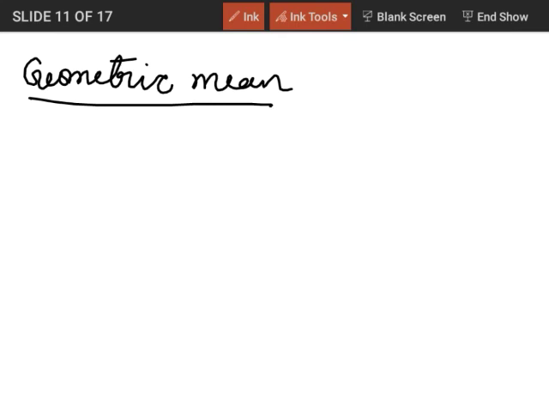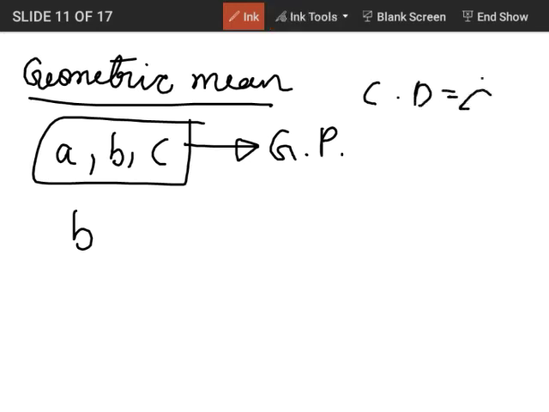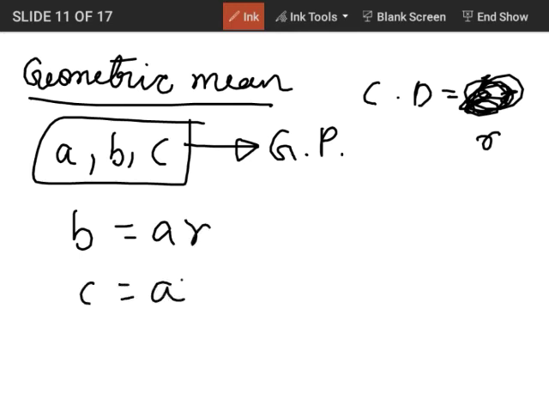Again, for an example, if a, b, c are in GP, so we can write, and common ratio is, say, r. So b can be written as ar and c can be written as ar square.